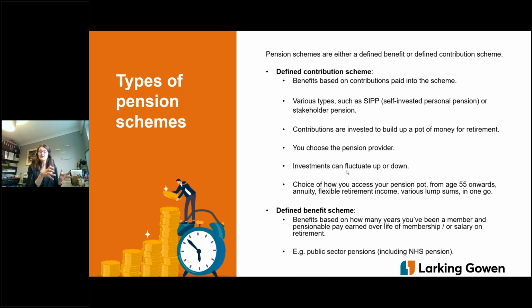Those pension contributions are set by the scheme, but your benefit, what you'll get out by way of pension, is worked out based on the type of scheme you're in and how that scheme benefit is worked out. So the NHS Pension Scheme is a defined benefit scheme. You may already have some defined contribution schemes as well. You can have more than one, but we are going to be talking about the NHS Pension defined benefit scheme tonight.